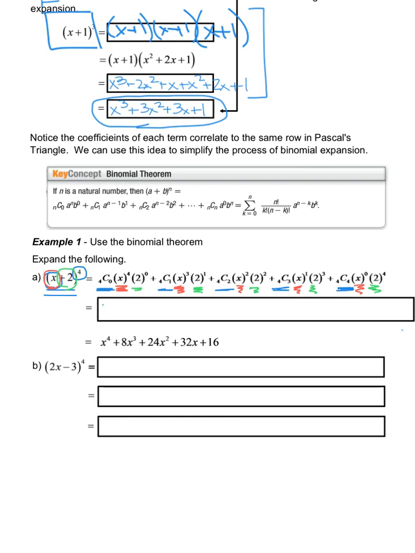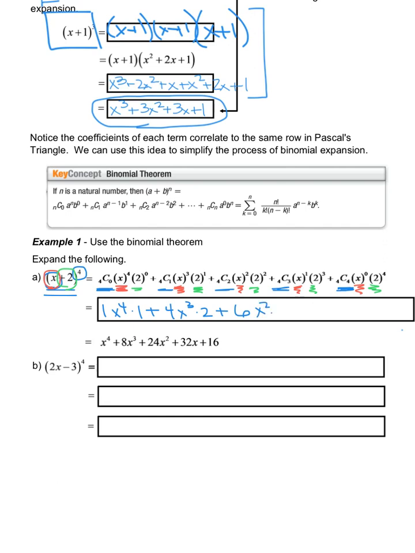So 4 choose 0 is 1. And then we have x to the 4th, 2 to the 0 is 1. 4 choose 1. If you don't know these combinations, you can type them in your calculator or use the formula. But 4 choose 1 is 4. We have x cubed. 2 to the 1st is 2. 4 choose 2 is 6.